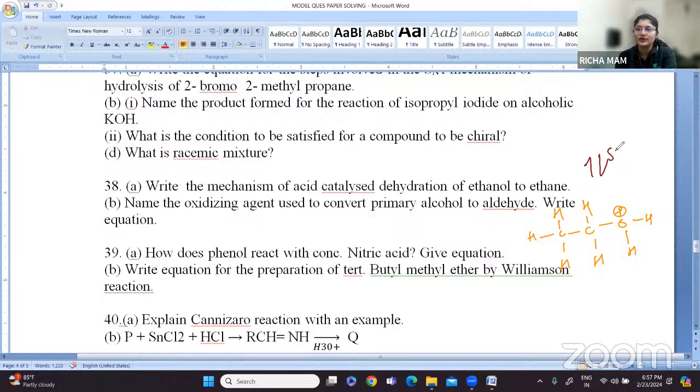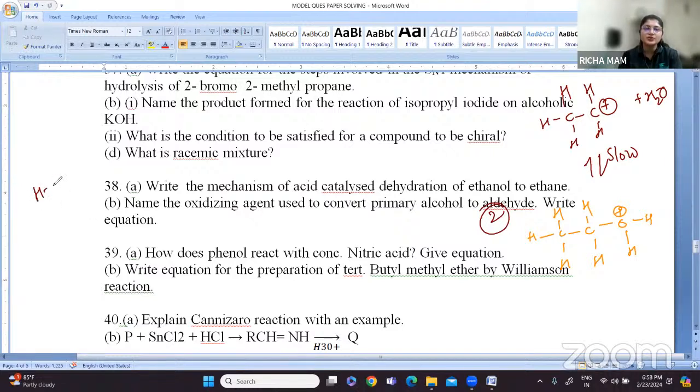There will be loss of a water molecule, forming a carbocation. Now, what is the third step?